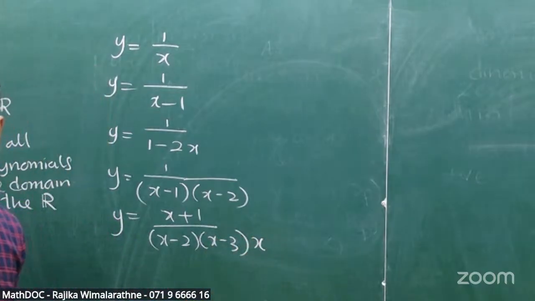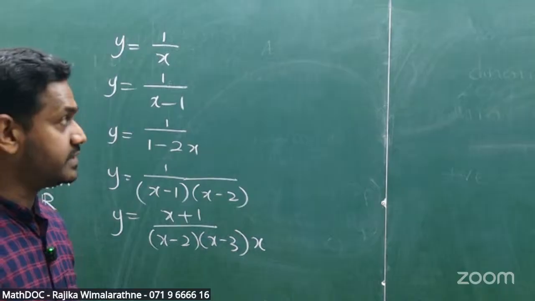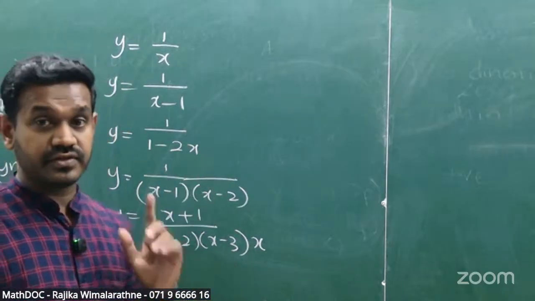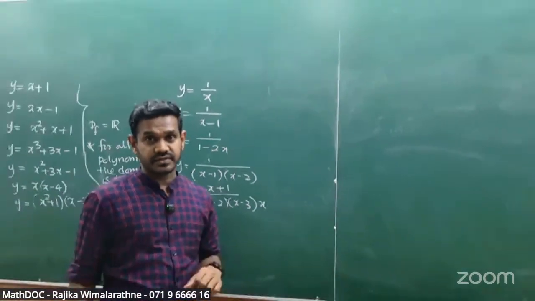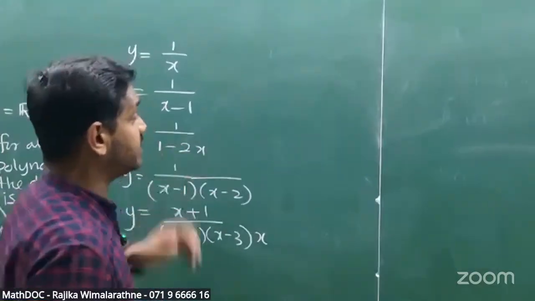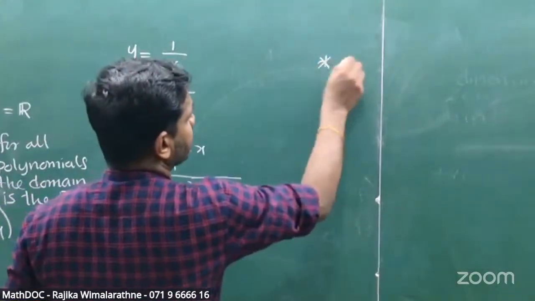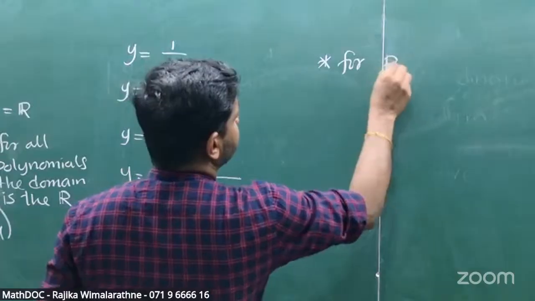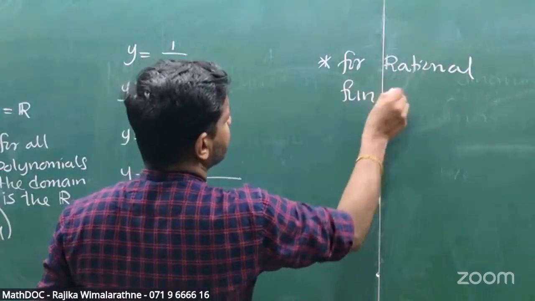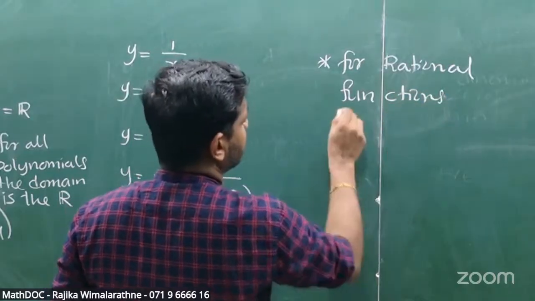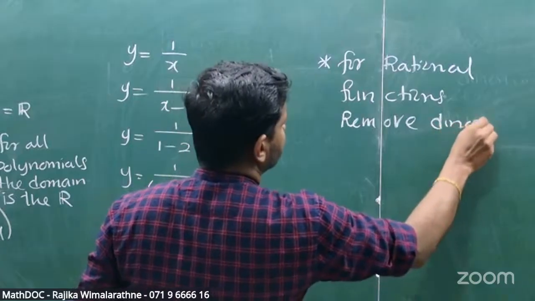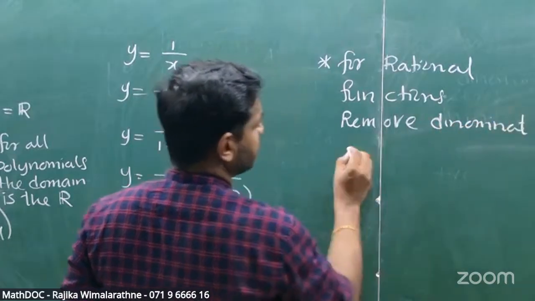We call these rational functions, no? In rational functions we have denominators, so we have to think about denominator zeros, which are impossible. Remember, for rational functions, remove denominator zeros.